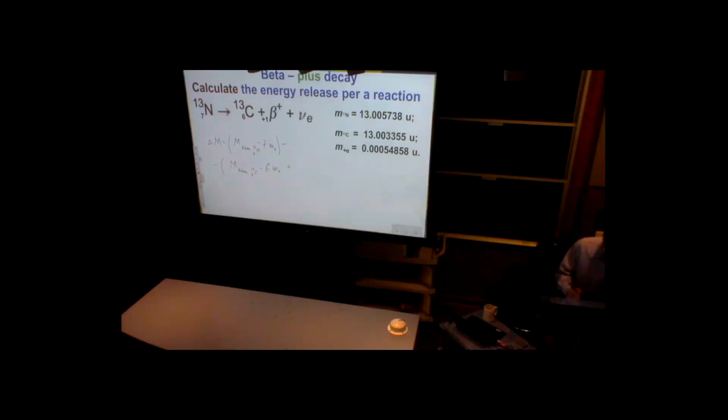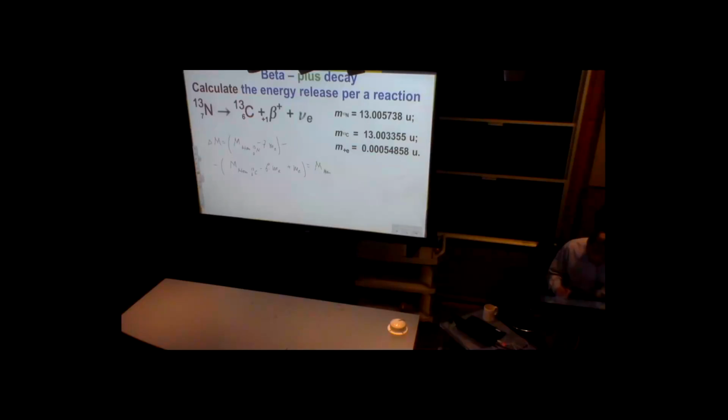And a beta particle, again, is a particle which has the positive charge, but same mass as electron has. So 1 electron mass. Now we have to again simplify this by taking parentheses out. Atomic mass.